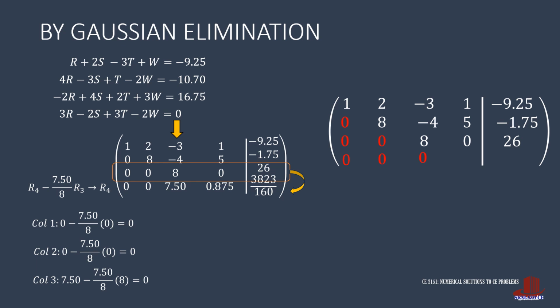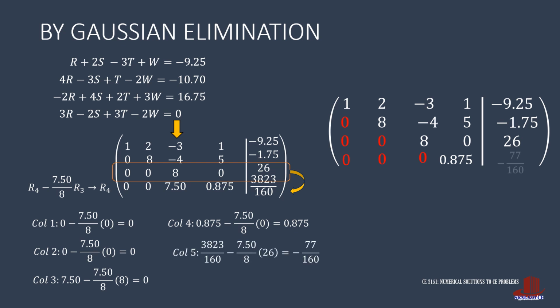Then for the fourth column, there is 0.875 less 7.5 over 8 of 0, leaving the same 0.875. Then the last element is the ratio of 3,823 and 160, less 7.5 over 8 of 26, leaving negative 77 over 160.